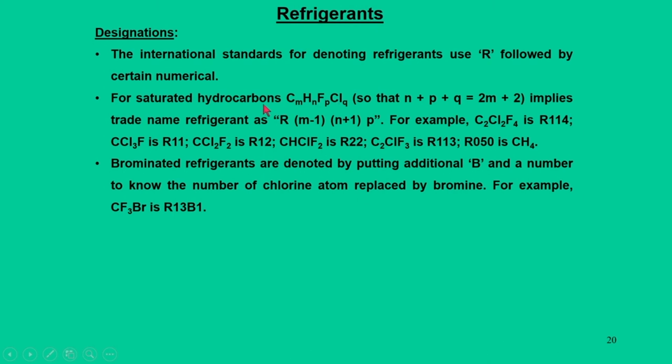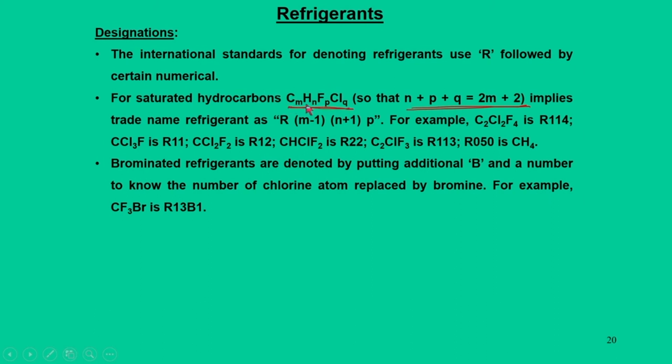The combination is C_m H_n F_p Cl_q, and for this the equation n + p + q = 2m + 2 must be valid, by virtue of their bonding. When this is satisfied, only then can we say it is a saturated hydrocarbon.